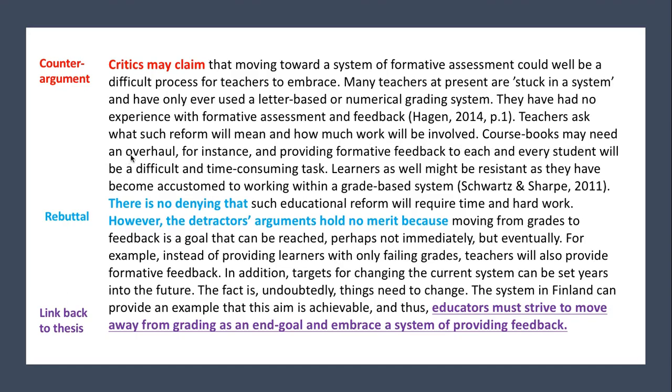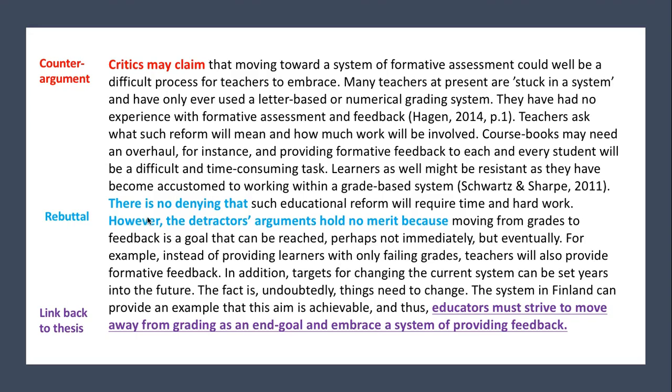Course books may need an overhaul, for instance, and providing formative feedback to each and every student will be a difficult and time-consuming task. Learners as well might be resistant as they have become accustomed to working within a grade-based system.